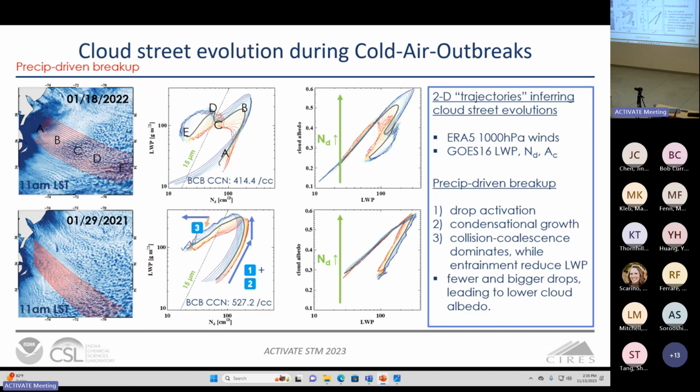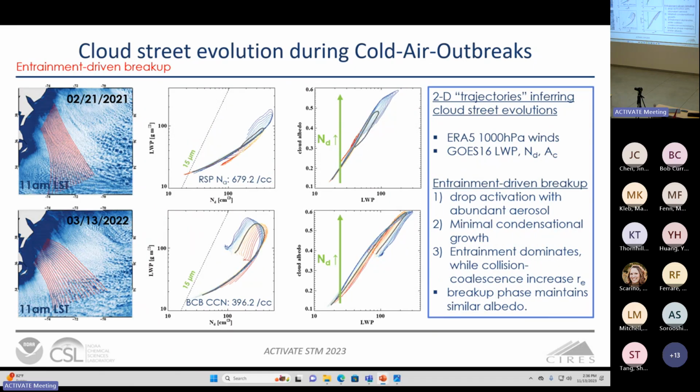This just shows that there's a lot of process-level understanding we can learn from this liquid path-Nd space. On the albedo side, this is your developing phase, and when you break up, because the droplets are larger and you have fewer droplets, the albedo is much reduced in the breakup phase. It shows up pretty nicely in both cases.